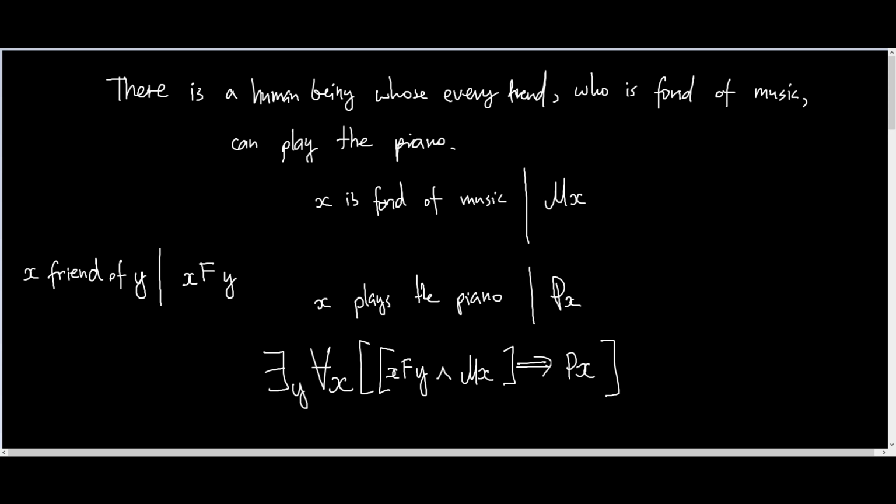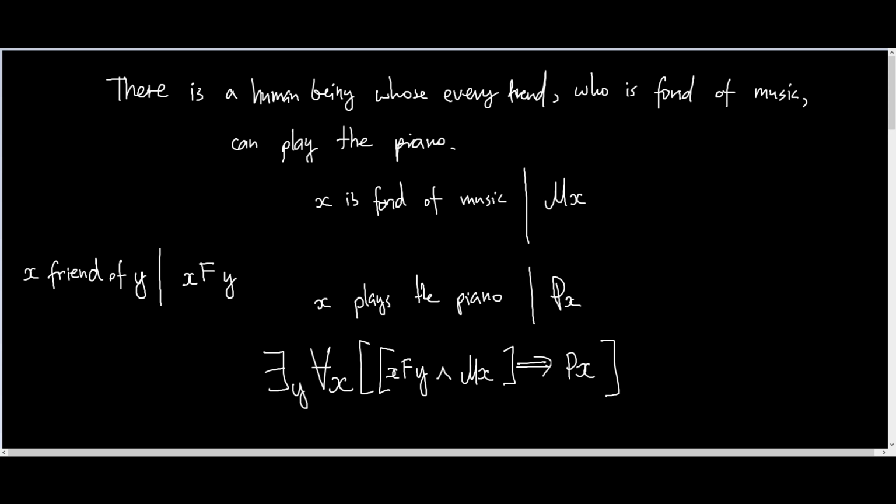Also, the main thing is when you're putting a condition on your object, like we had a condition on x before we could say that x must play the piano, how to deal with a situation like that when it forces us to introduce implication.